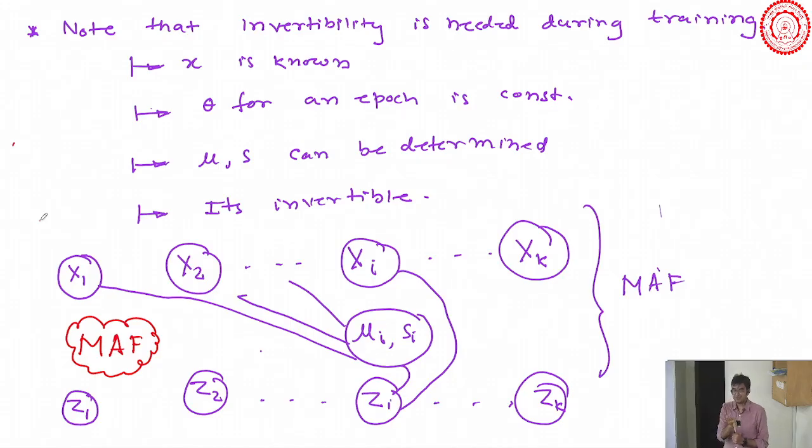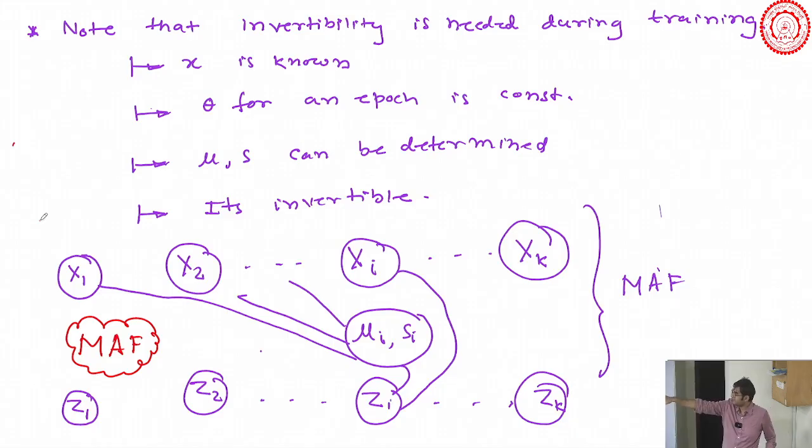So that is also a strategy you should read about, which is known as IAF, inverse autoregressive flow. This is the forward one, so you just call it masked autoregressive flow, MAF. That is known as IAF, the inverse autoregressive flow. The idea is exactly the same as this.